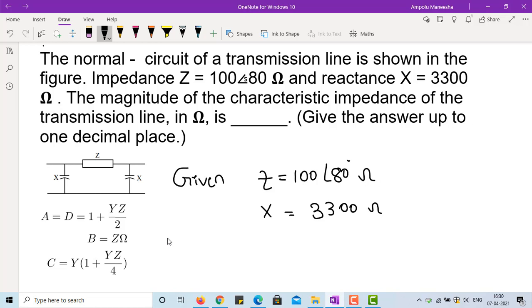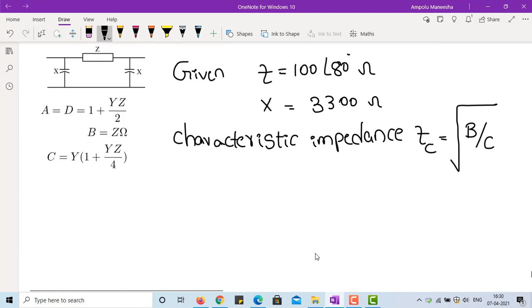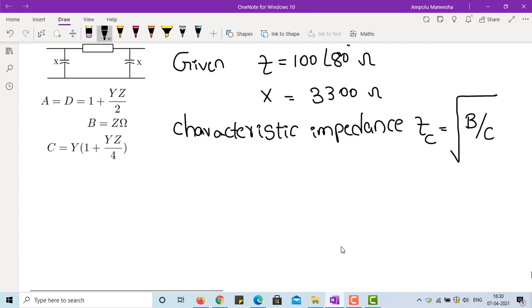We have to find out the characteristic impedance ZC, and it is equal to under root B by C. So we need to calculate the values of B and C.